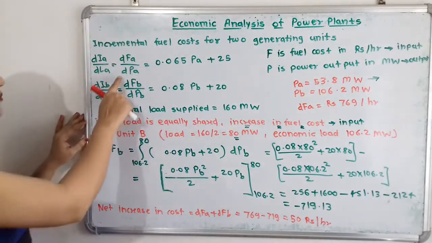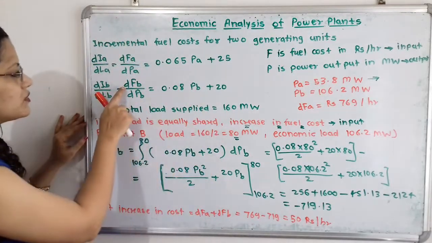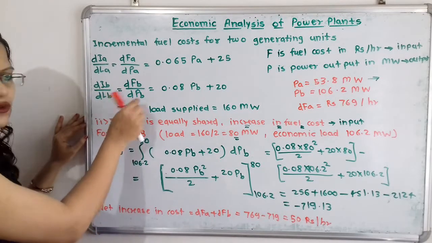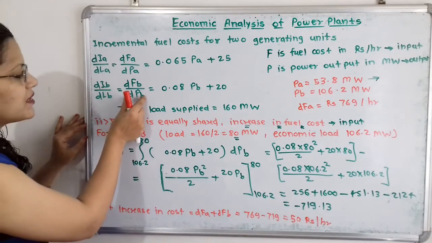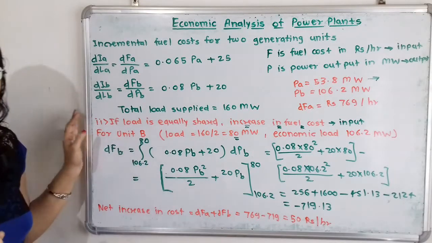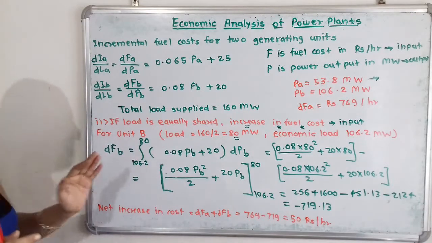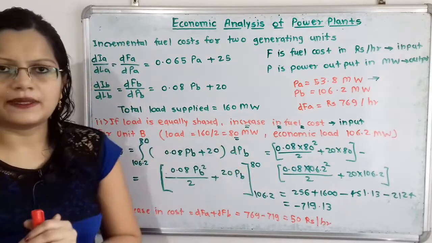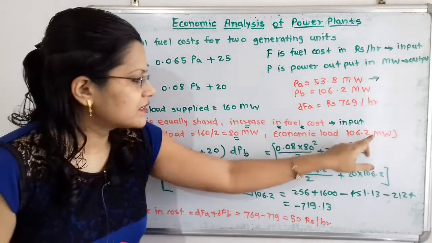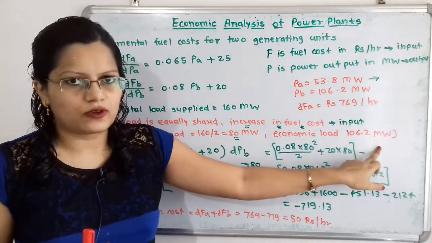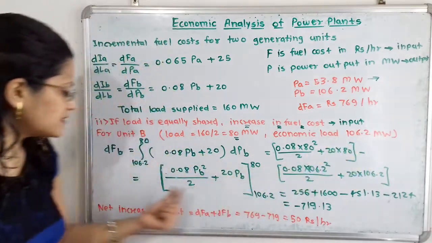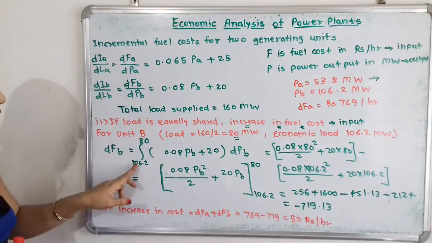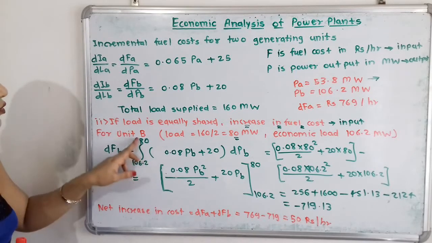Now if we observe this given equation, dFB is equal to, so we have to transfer this dPB to the right hand side and we have to take the range from 106.2 to 80.